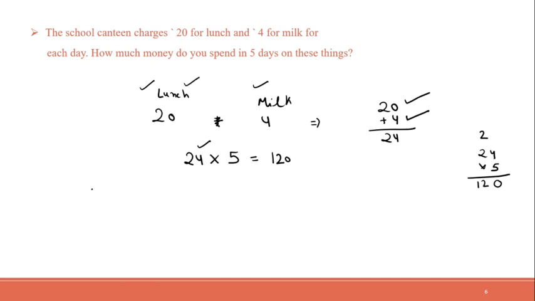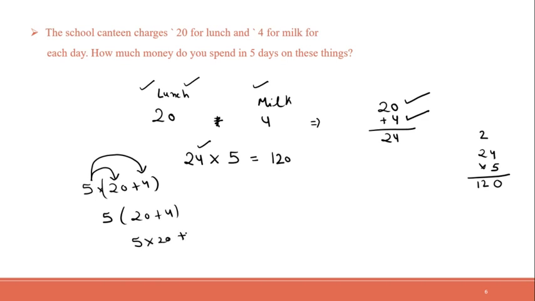Another way of doing it is this: 5 in multiplication, because this is 20 plus 4. 5 is in multiplication because I want lunch for 5 days and I also want milk for 5 days. So we can do it this way also: 5 into 20 as we have done earlier.